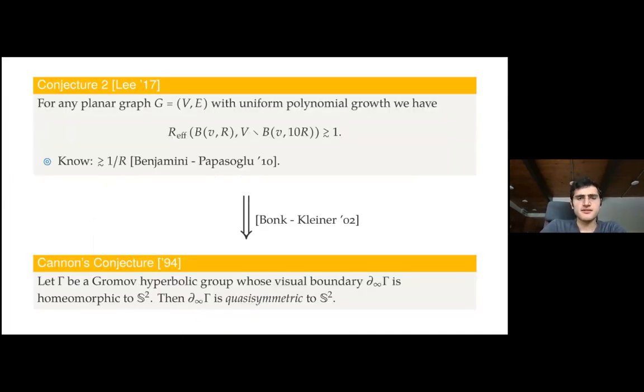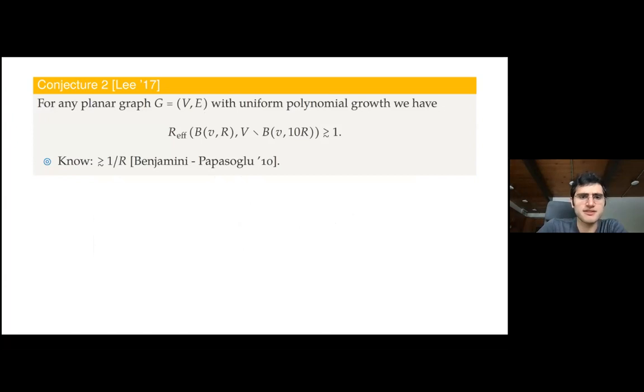Unfortunately, we cannot answer Cannon's conjecture yet, at least. But what we can do is we disprove the conjecture of James. If this is false, it doesn't imply that Cannon's conjecture is false, because it's a stronger statement.